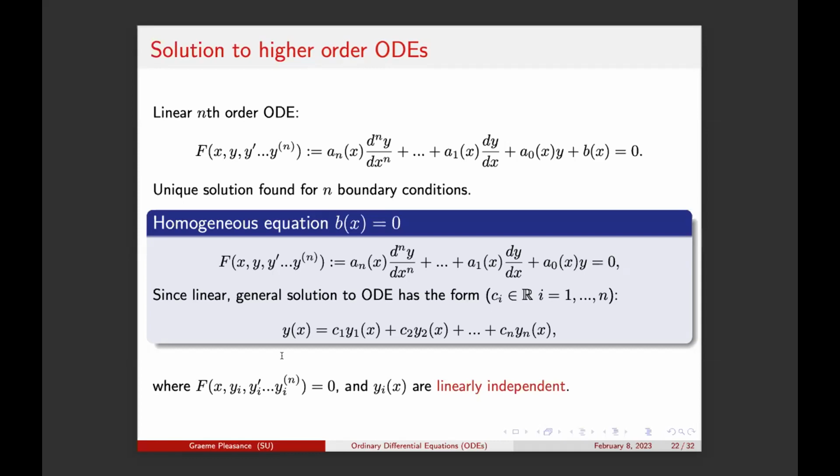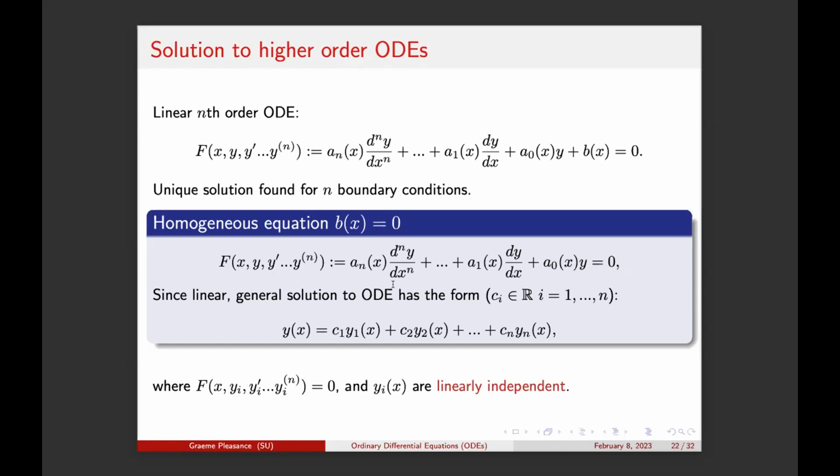And so the crucial point here is that when we write down the solution, we assume that each of these y1, y2, etc., are linearly independent. I won't go into detail on what I mean by linear independence, but generally speaking, a set of functions is said to be linearly independent if their sum multiplied by a set of constants is equal to 0 for all x.